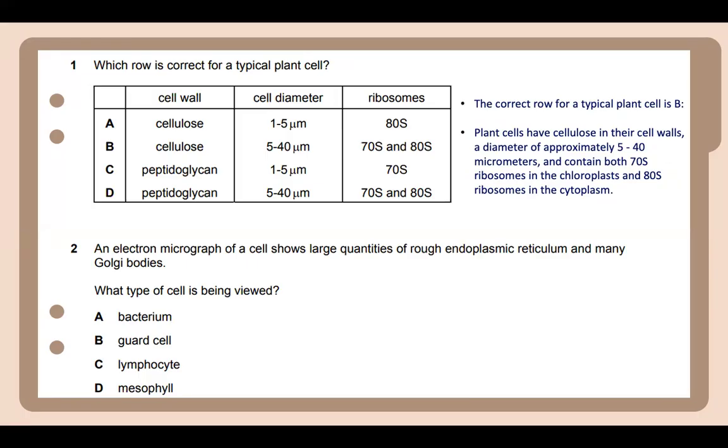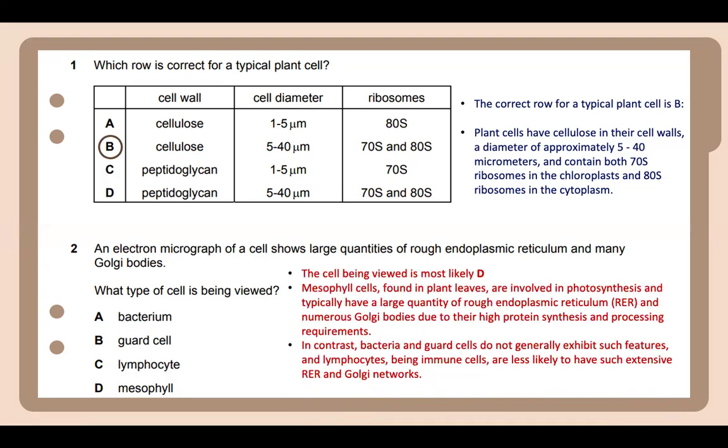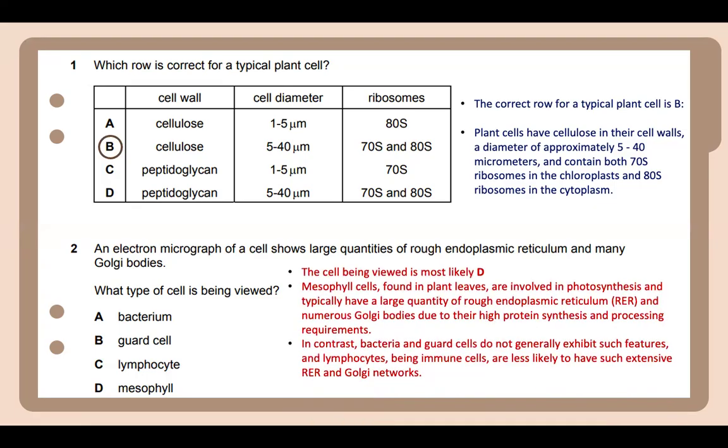An electron micrograph of a cell shows a large quantity of rough endoplasmic reticulum and many Golgi bodies. What type of cell is being viewed? The cell being viewed is most likely mesophyll.